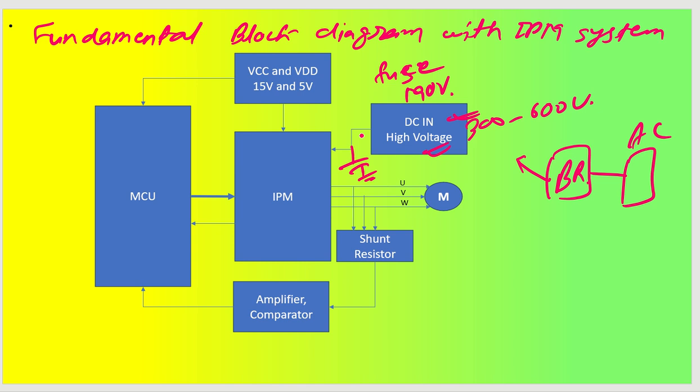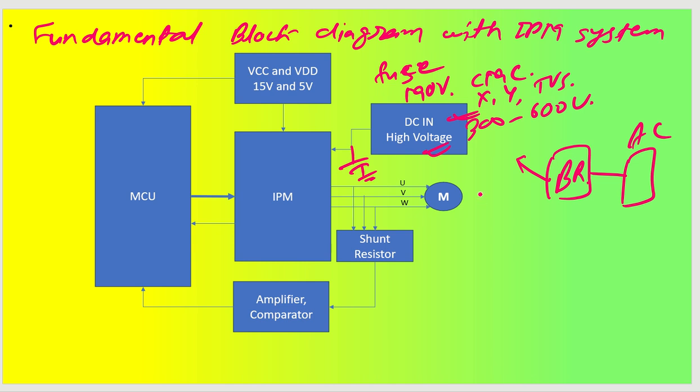We will need common mode chokes, CMCs, capacitors like X capacitor and Y capacitor, and a TVS diode as well. These are the safeties and filters we will utilize after my DC, and only then will we send it to my IPM. That will be a part of our circuit design concepts that we will see.